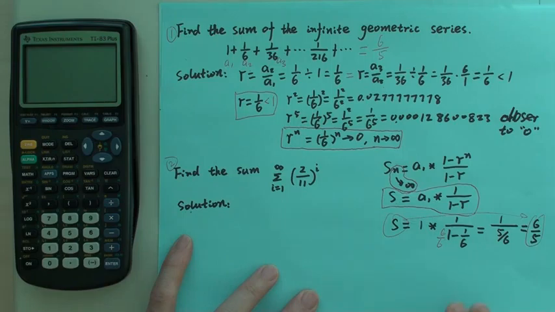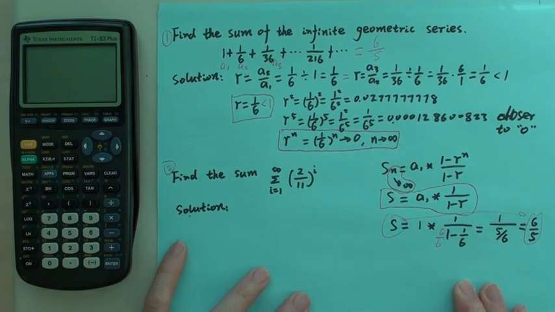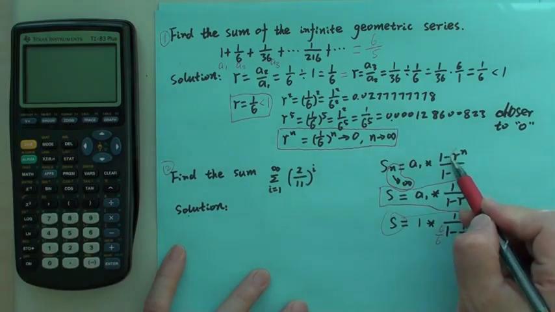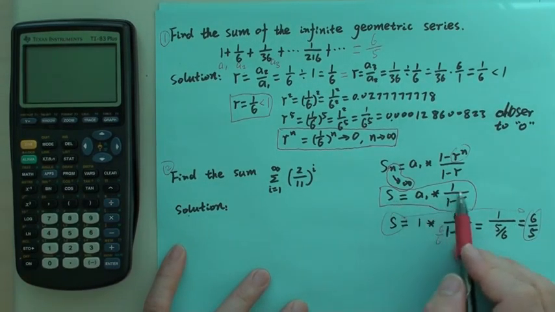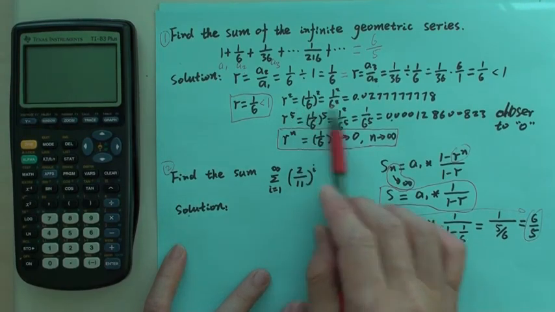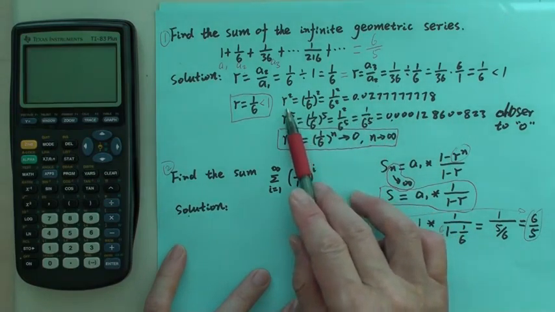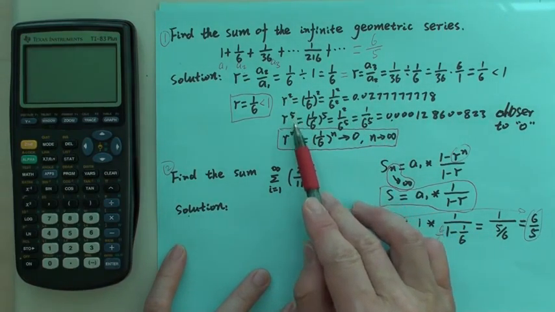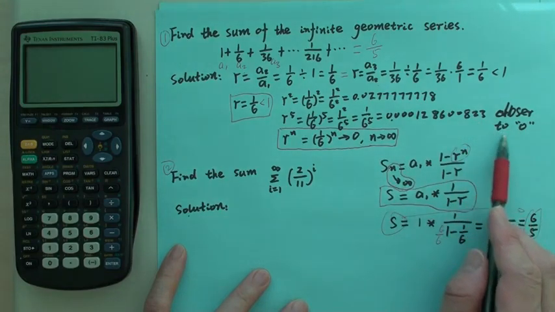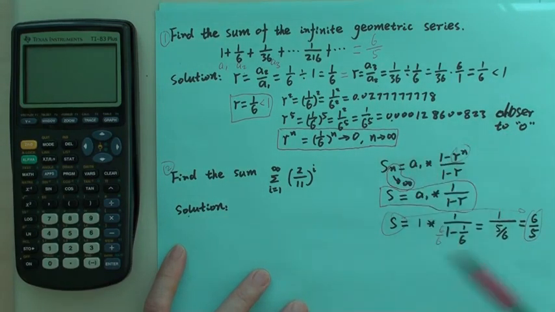The most important thing to remember is that the guy here goes to 0, which makes the formula simpler.